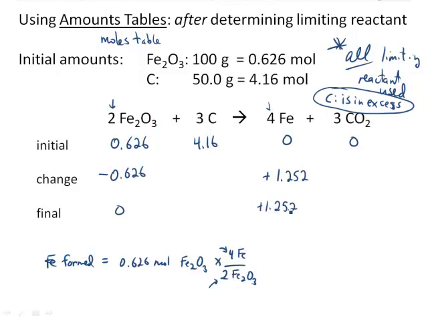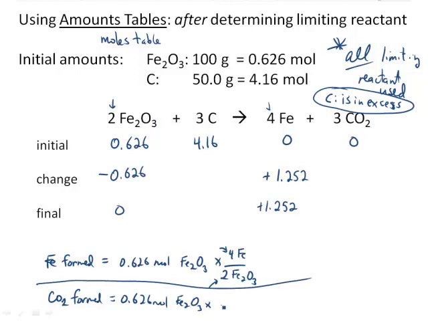The amount of CO2 you make is going to be 0.626 moles of iron oxide. You always use the amount of limiting reactant to define how much reaction happens for everything. And it's going to be 3 CO2s, that's from that 3 right there, over 2 iron oxides.